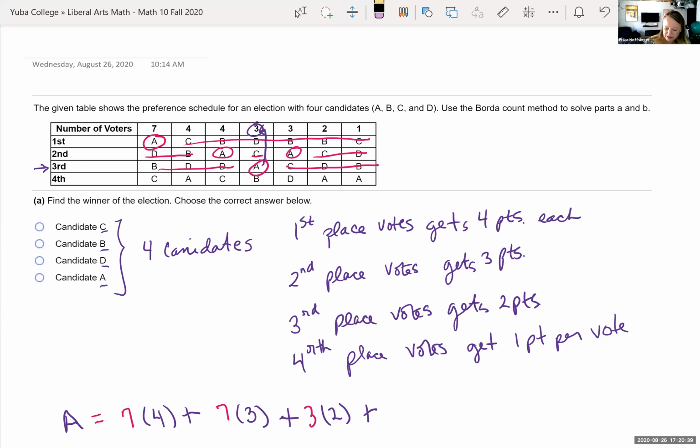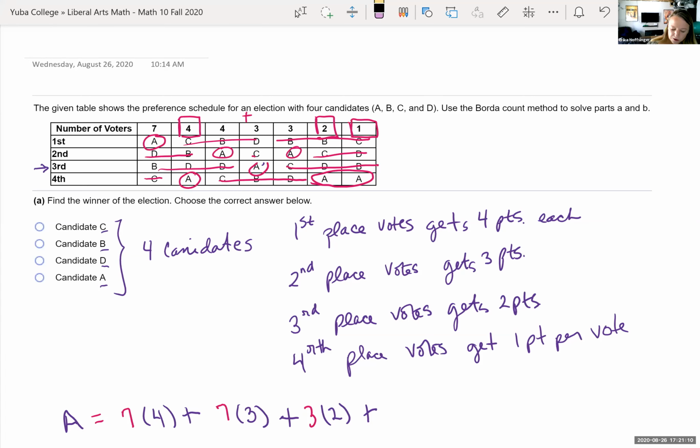And then fourth place, we do the same thing. We go through all the fourth choice candidates, and we circle A so we can see it. Out of fourth place, notice that A got 4 votes here, plus 2 people that voted them fourth place in this, and 1 person here.